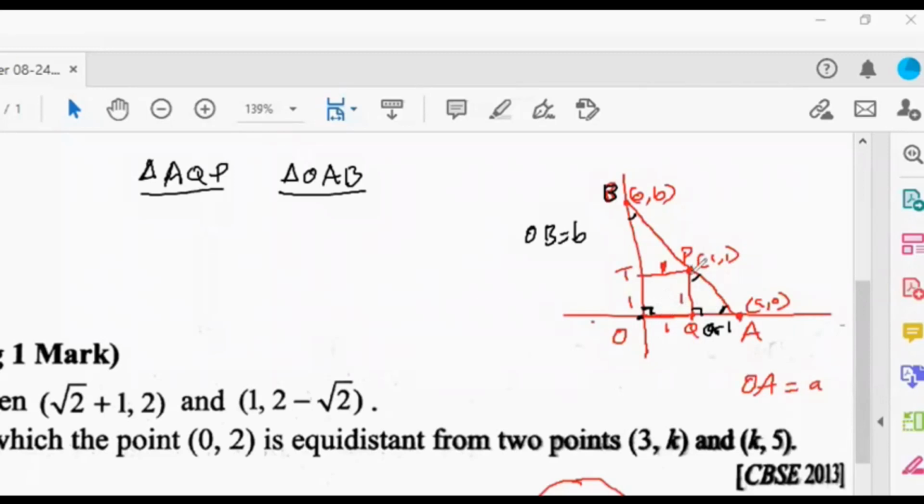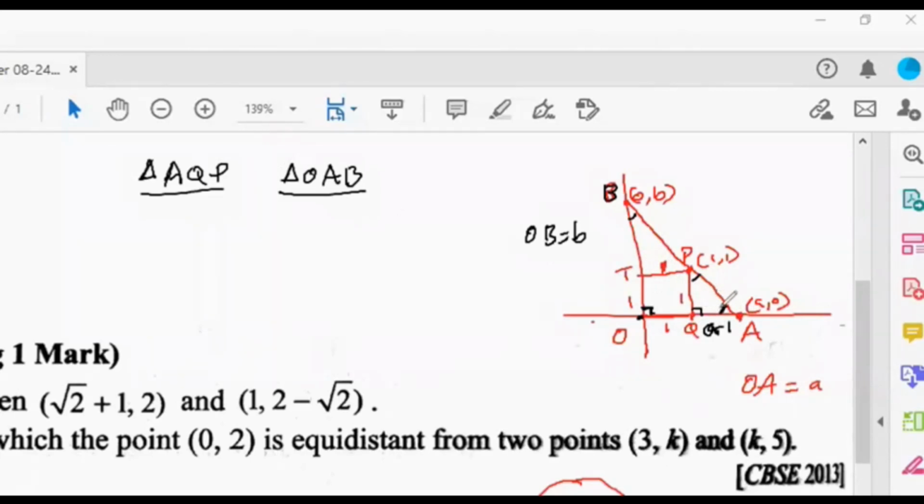And this line PQ we draw perpendicular to the x-axis, so clearly the angle must be 90 degrees. That is how the 90 degrees comes. Since all three angles are equal, by the idea I explained in the lesson before, the sides opposite to equal angles will be in the same ratio.